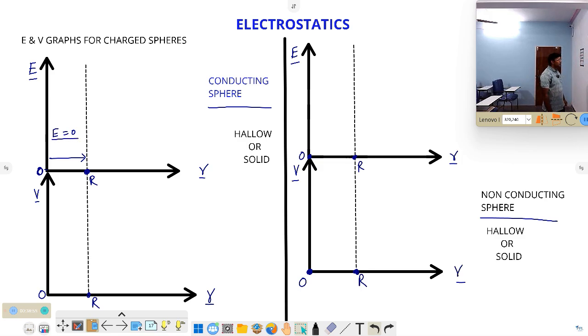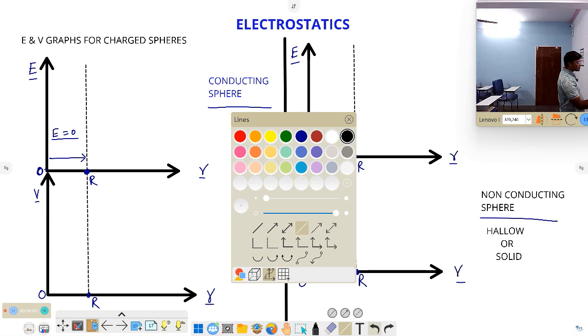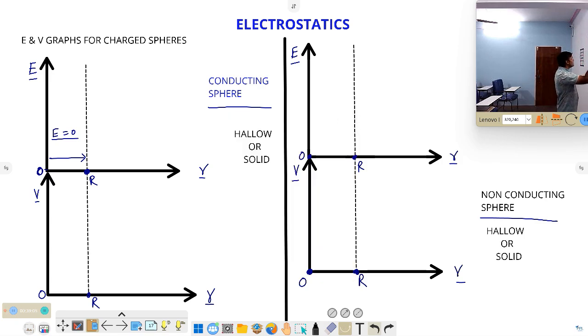Now after that, from the surface to outside, there exists an electric field. You know that it is in the form of a curve. So this electric field will look like this. That means this electric field is inversely proportional to the square of the distance outside of the charged sphere.